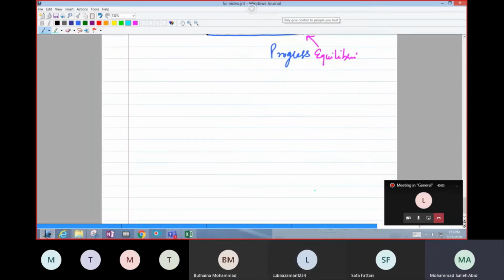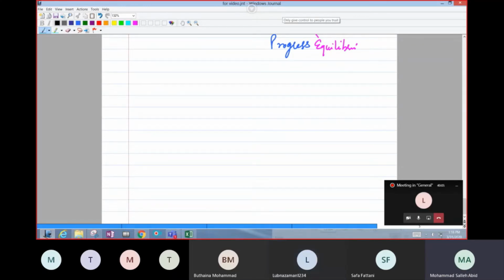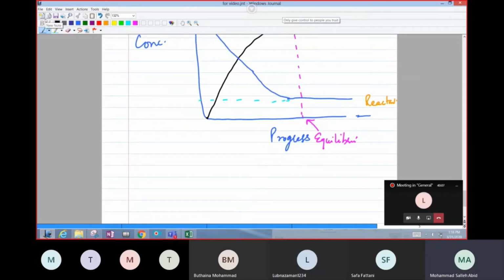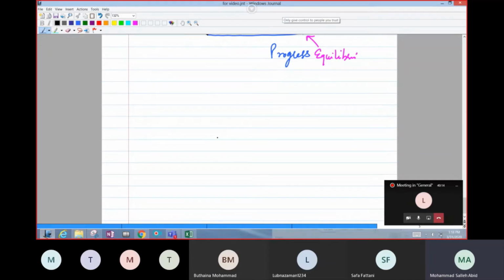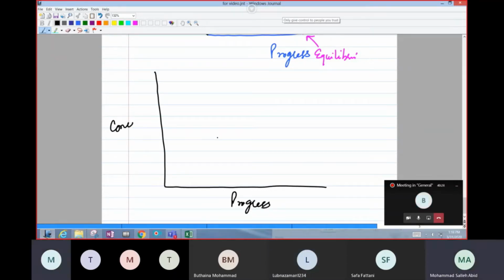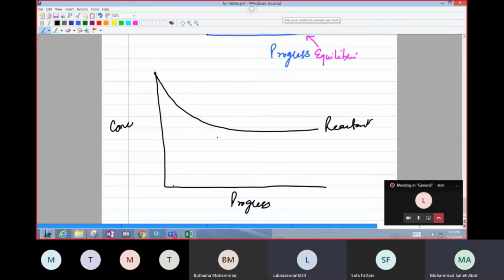The other manipulation of this graph is like here I'm considering that the equilibrium is reached when the amount of the reactant is less. There is also a possibility that the reactant decreases, this is the reactant, and this is a product.